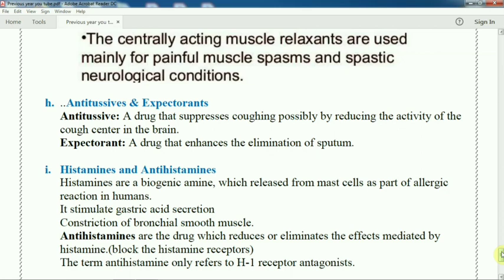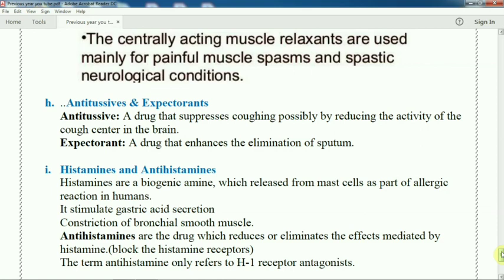Like in anatomy, the inner lining wall of the bronchi and bronchioles has hair-like projections, which help sputum or cough to be excreted out with the help of this expectorant drug.